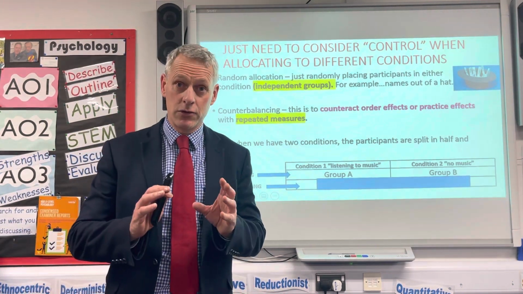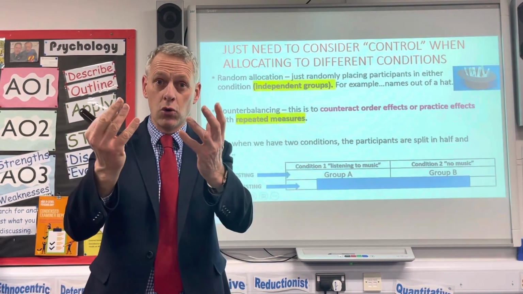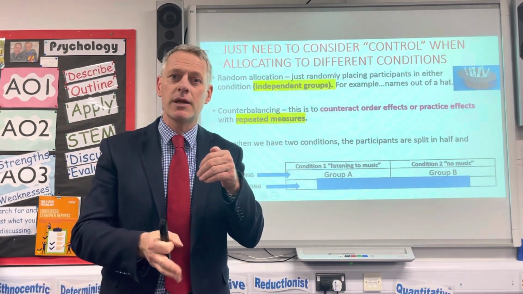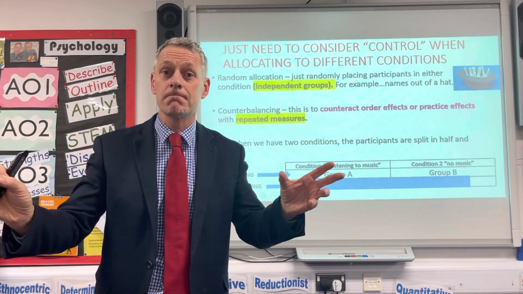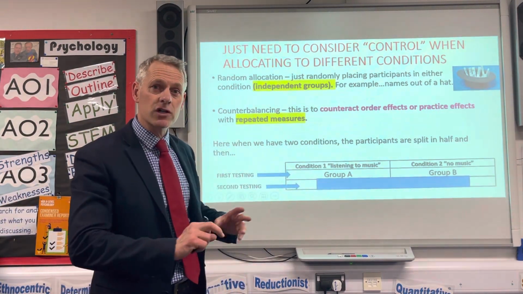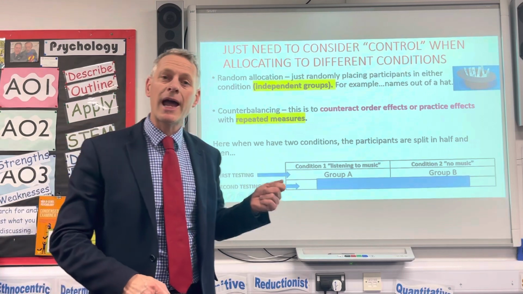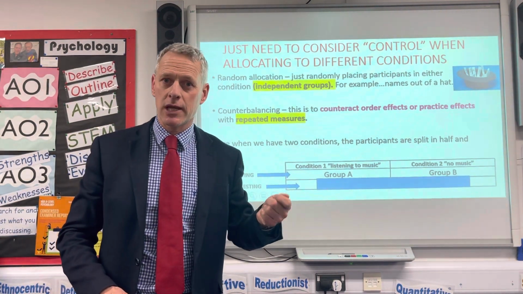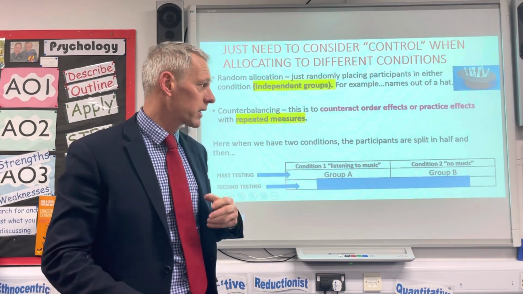But what I'm going to do now is take my group, all of them are repeated measures, they're going to do both conditions, but I'm going to split them into a group A and a group B, okay? In the first testing, my first batch if you like, group A have the first condition, they listen to music and we test them, okay?